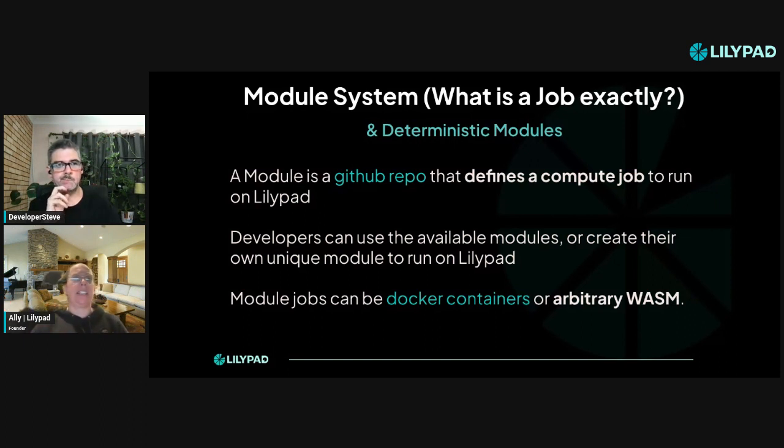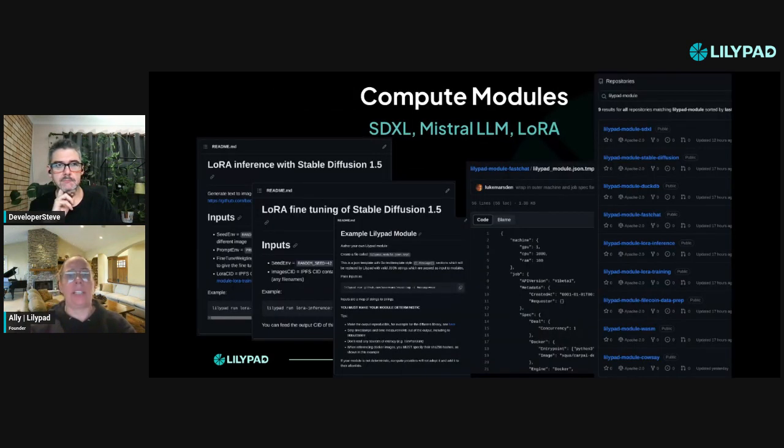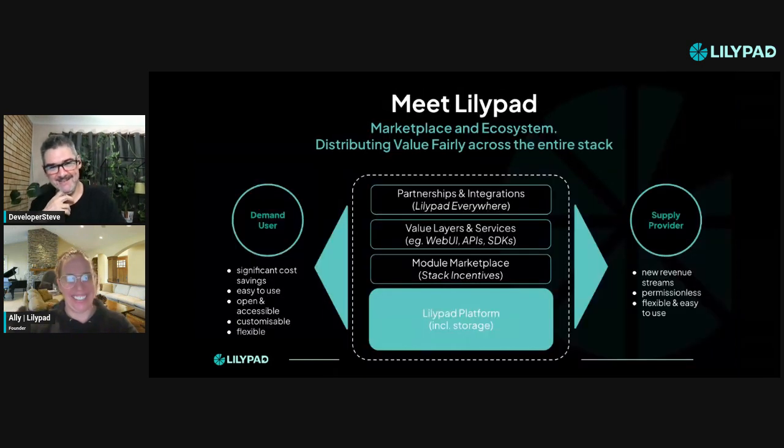So that's how the network knows what to run and how to run it on Lilypad. There are currently several modules available to use, and we'll be incentivizing building more of those in future. Like Stable Diffusion, there's LLM, LoRa is coming, and there's a sneaky one that Dev Steve is building. I won't ruin his thunder here though.